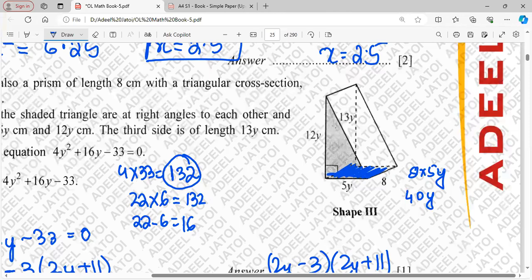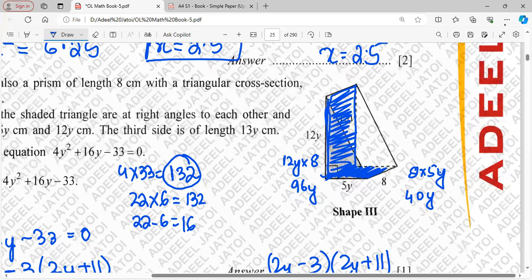Then we have the back, which is again 12y into 8. 12 2s are 24, 12 4s are 48, so this should be 96y.